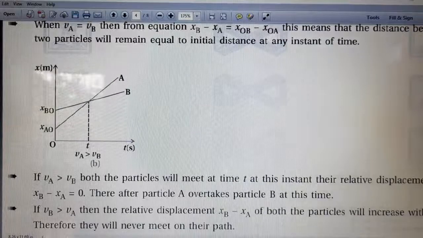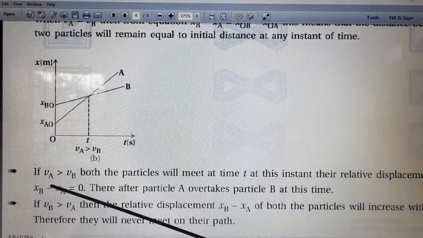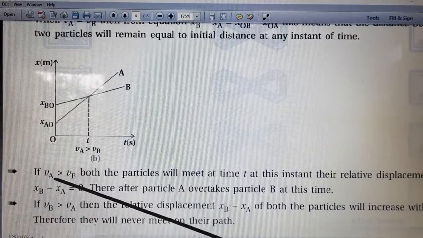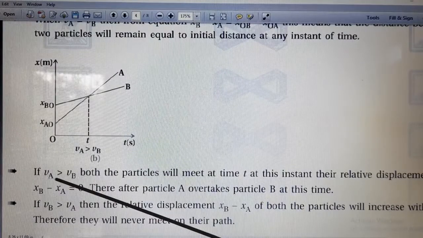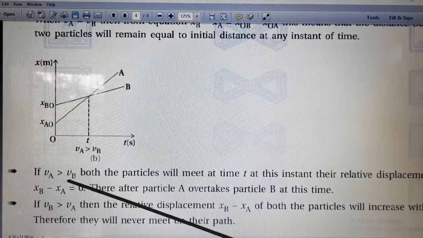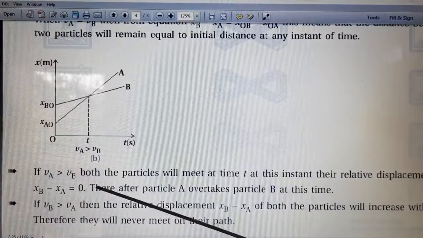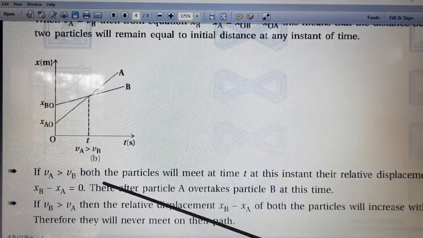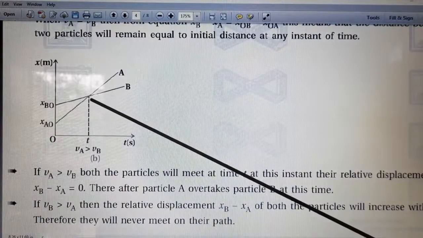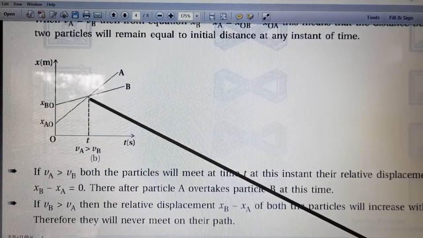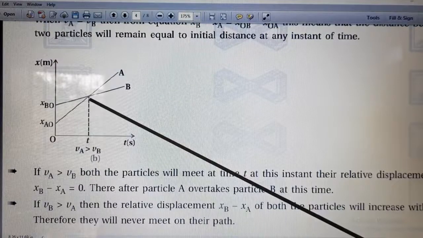Look here in this graph. Here VA, the velocity of particle A, is large compared to the velocity of particle B, means VA greater than VB. Here this is VA and this is VB. Both particles meet at time t; at this instant both meet. Their relative displacement XB minus XA is equal to 0.